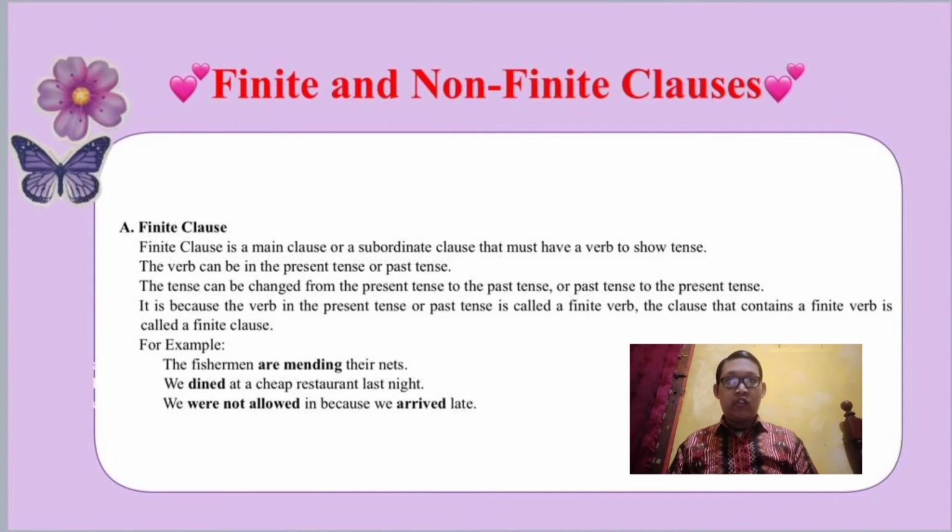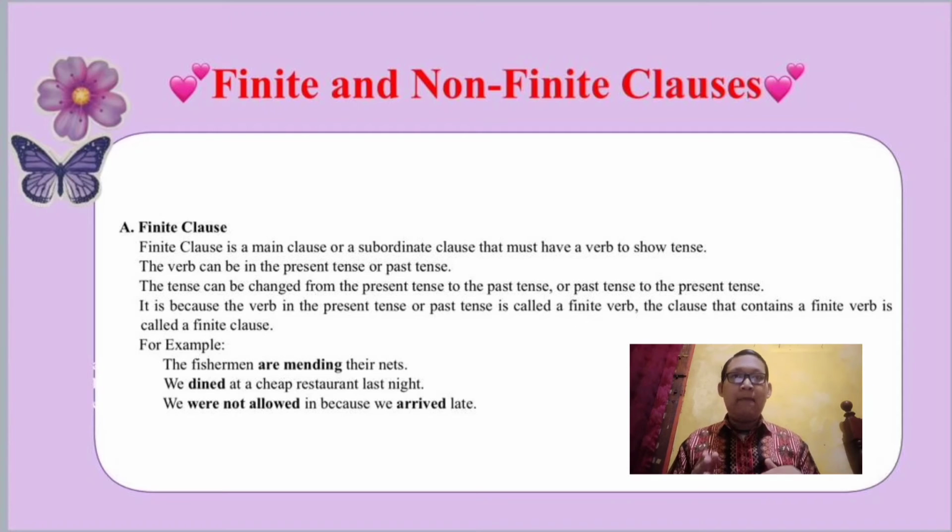Okay, for the next material, we will talk about finite and non-finite clause. For the first one, I will explain to you guys about finite clause. Finite clause is a main clause or a subordinate clause that must have a verb to show the tense. The verb can be in the present tense or past tense.